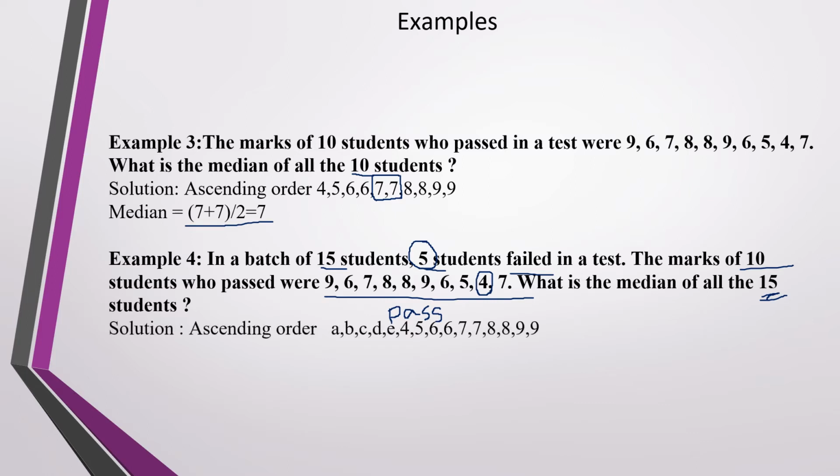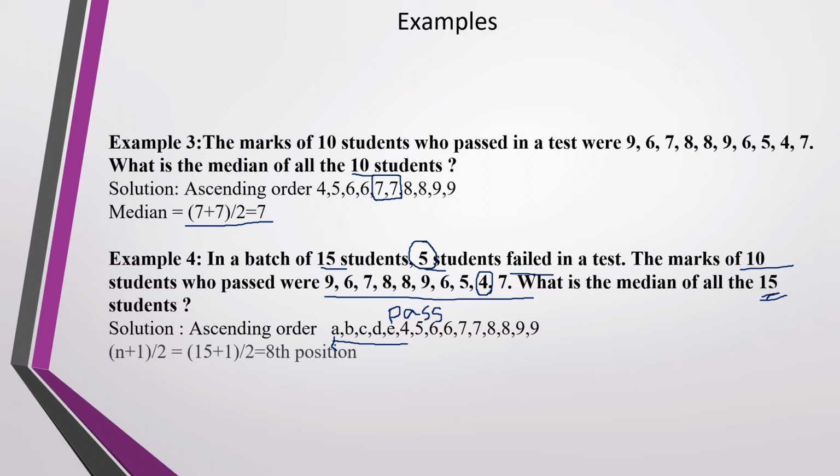So to get that, the passing marks is 4. So definitely the 5 students who failed, that shows all these marks are less than 4 marks. So when writing in ascending order, take these values as A, B, C, D, E, which are before 4. Okay, then whatever the numbers are there, write them in ascending order.